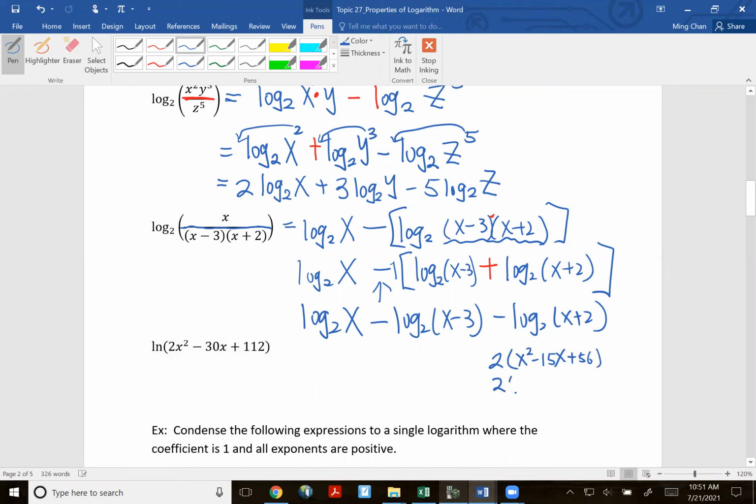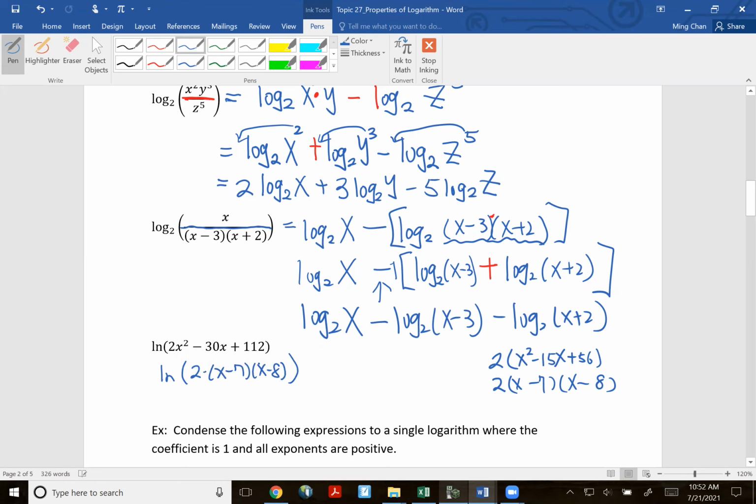So if I factor this, that's x and x, 56, 7 times 8, both negative, right? Because there's negative 15 in the middle. So this is actually the natural log of 2 times (x minus 7)(x minus 8).